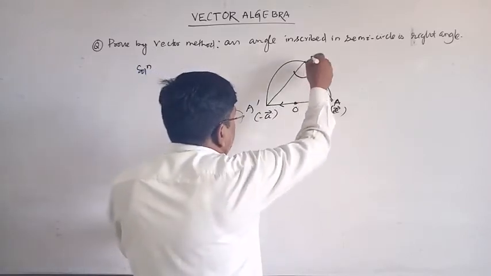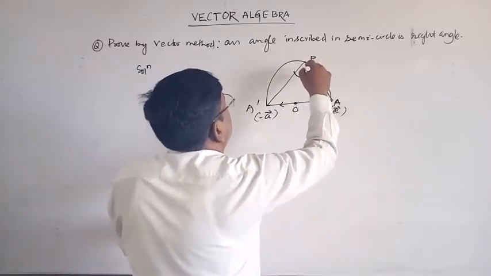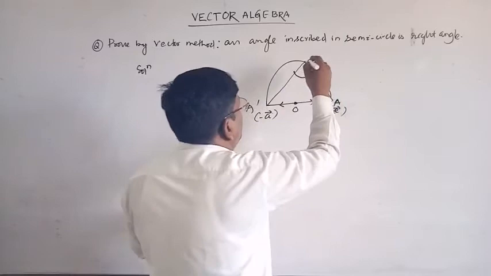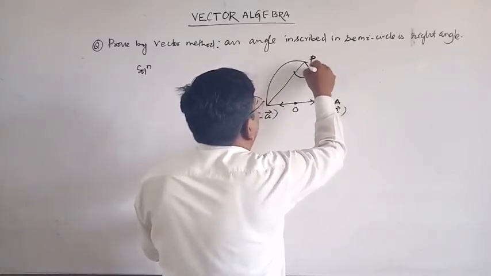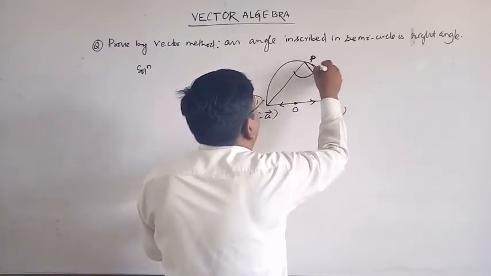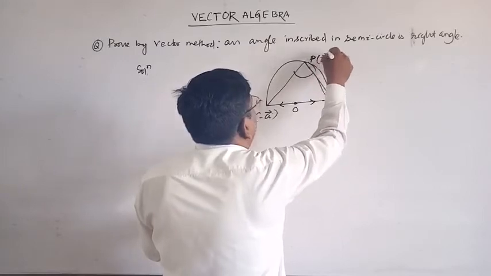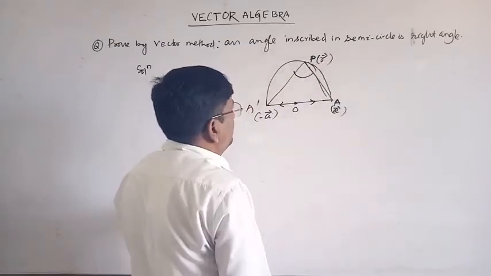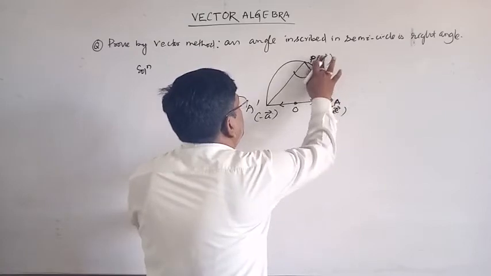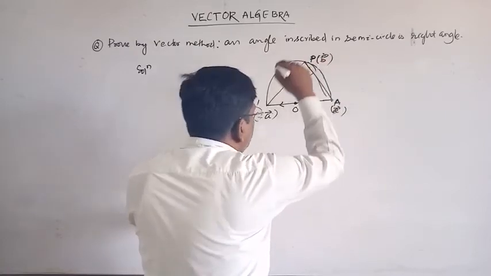Okay, and this is what? Any vector, say this is R vector, or A vector, B vector.